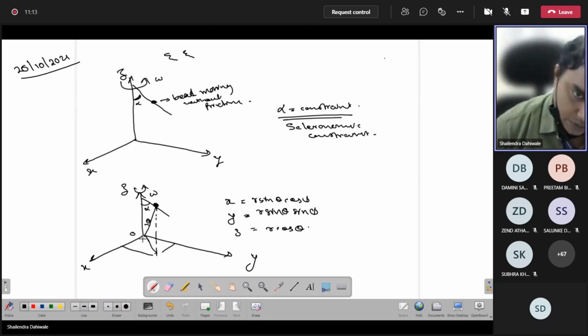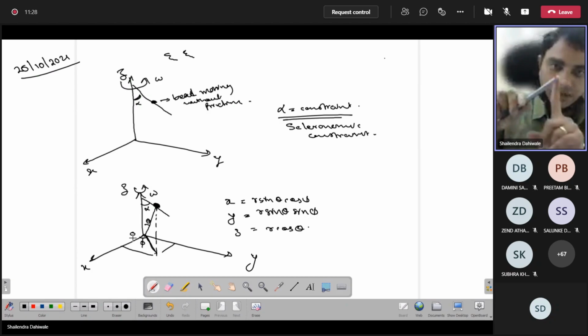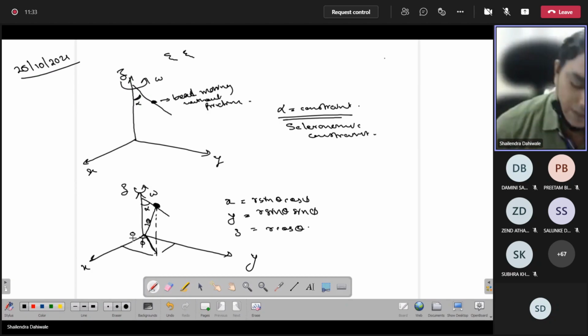Now look here, if I take the projection, at some instant this projection will make an angle, say phi, with the x-axis, right? But this wire is continuously moving. So you have one more variable here, which is phi, moving with angular frequency omega.